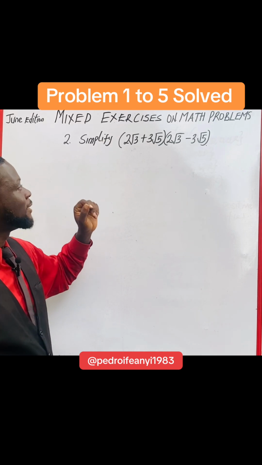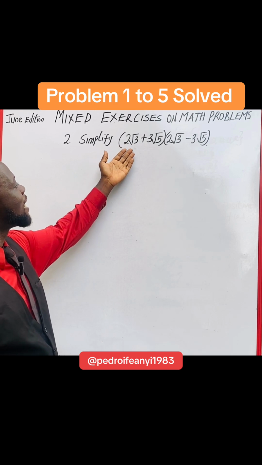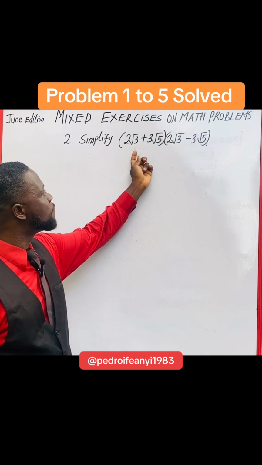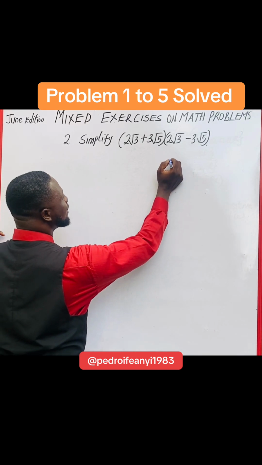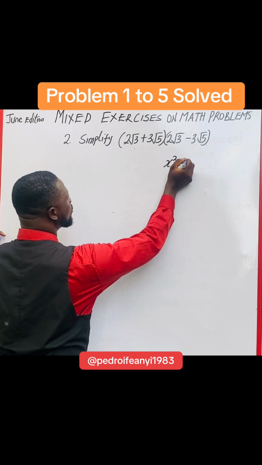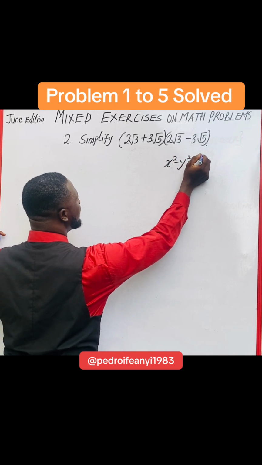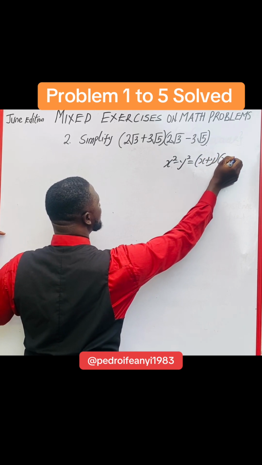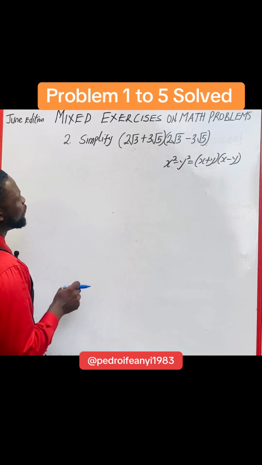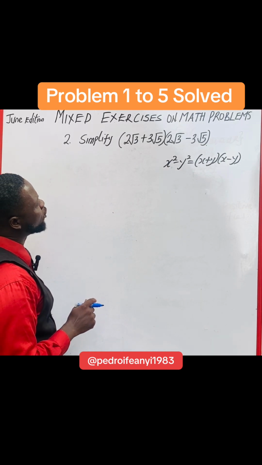But looking at it with a second eye, you find out that this is a difference of two squares. Difference of two squares, x squared minus y squared, is simply x plus y times x minus y.